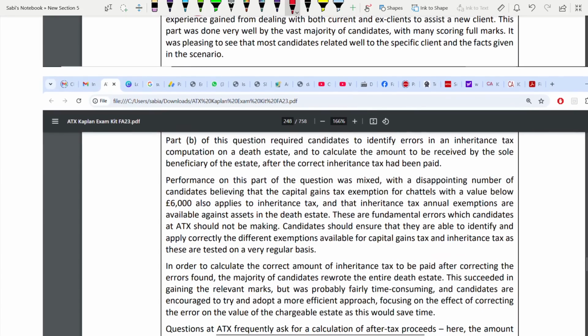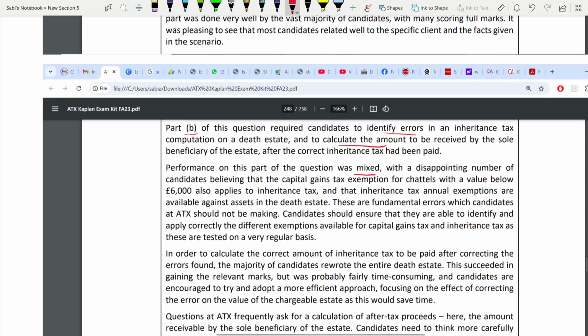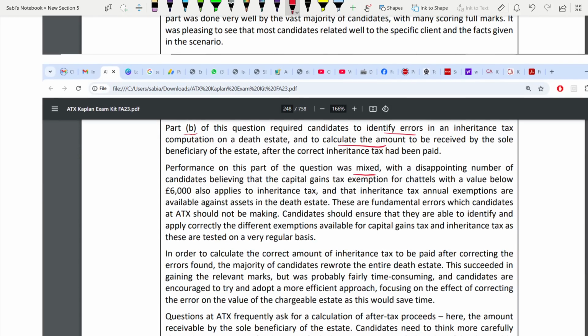Now coming to part B, inheritance, where you have to identify errors in the computation and calculate the correct amount. This is mixed. Performance in this area is mixed. Many students went for this 6,000 exemption.